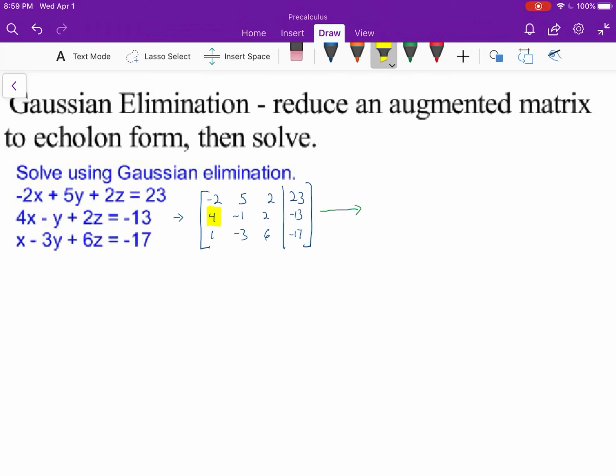In the past, we would multiply the top row by 2 and add it to the second row. Well, that's what we're going to do. We're going to multiply 2 times row 1 plus row 2, and that's going to go in our second row. So the first row is okay. We're okay with -2, 5, 2, and 23. Our second row is going to be replaced with what we just wrote here.